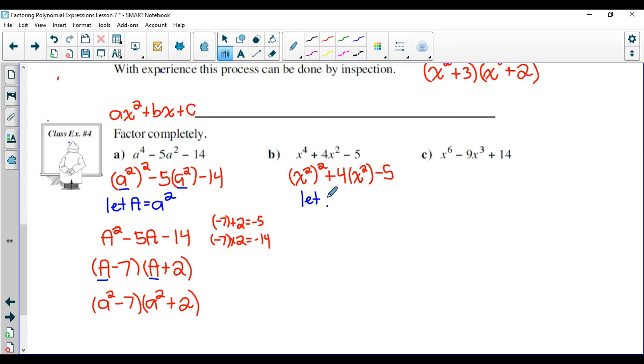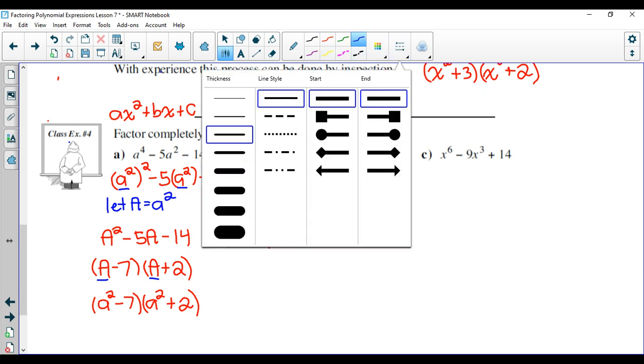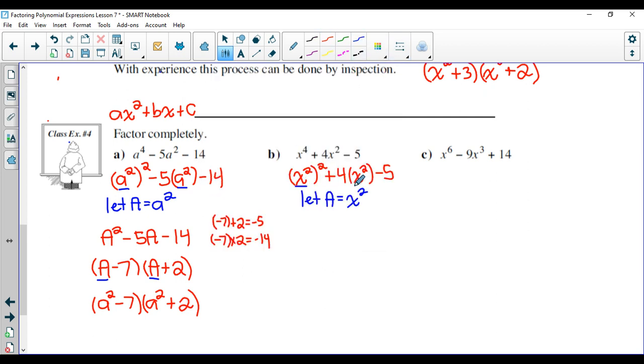We're going to say let capital A be x squared. So if I do that, I'm going to replace x squared with capital A. And then this would give me A squared plus 4A minus 5.